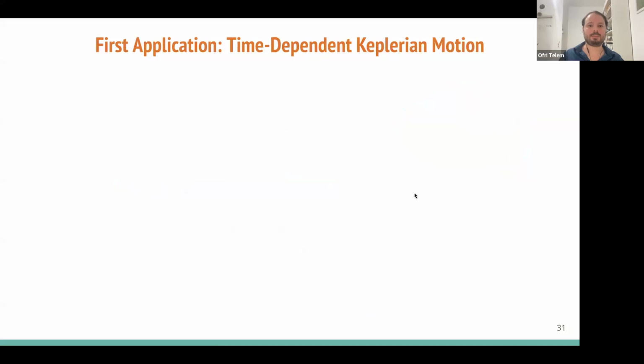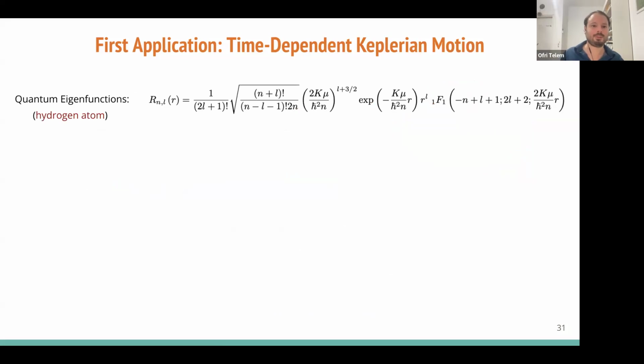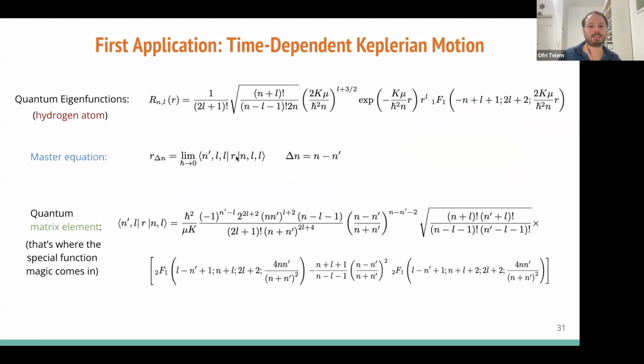Let's do QSM. The quantum analog of the quantum solution of this Hamiltonian is just the hydrogen atom. So I'm writing the solutions to the hydrogen atom. These are the eigenfunctions. And I'm using the master equation to find the Fourier coefficient of the radius as the classical limit of this matrix element with the R operator between the bra and the ket.